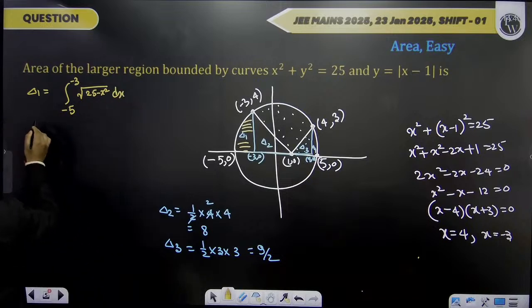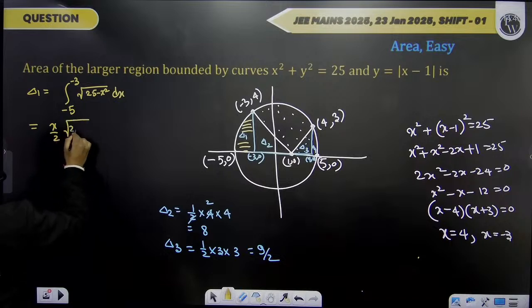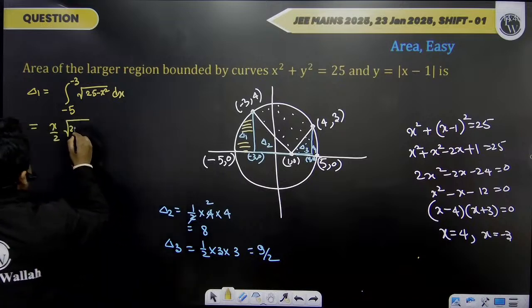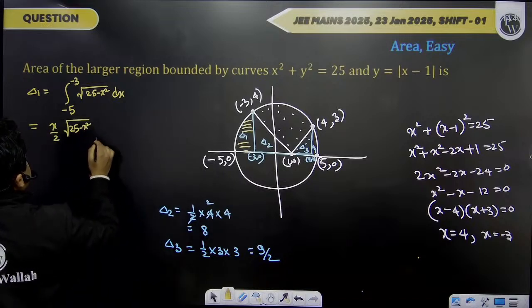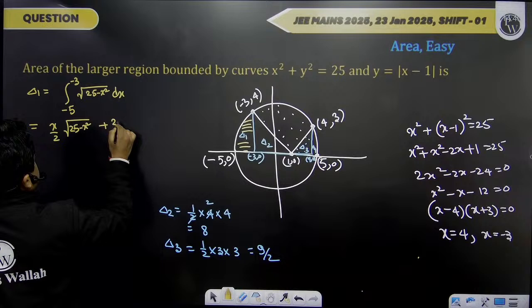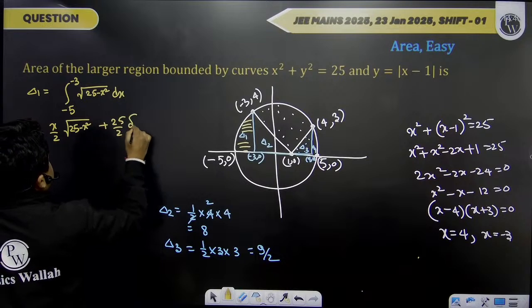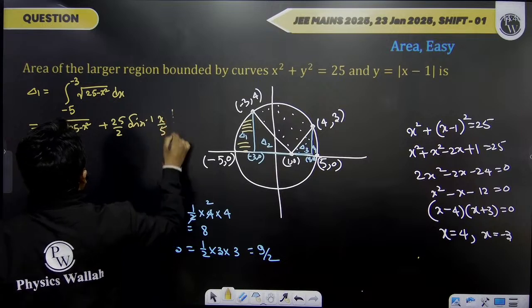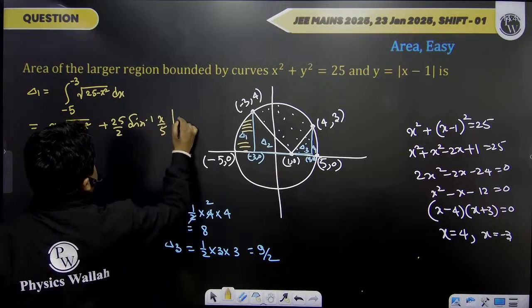So whose answer will be equal to what? It will be equal to x by 2 into root 25 minus x square plus 25 by 2 into sine inverse of x by 5, and the limit is from minus 5 to minus 3.